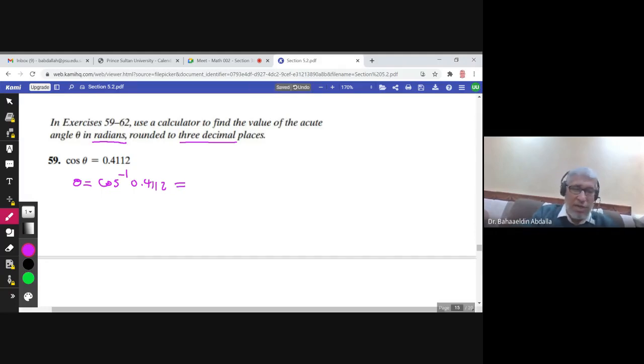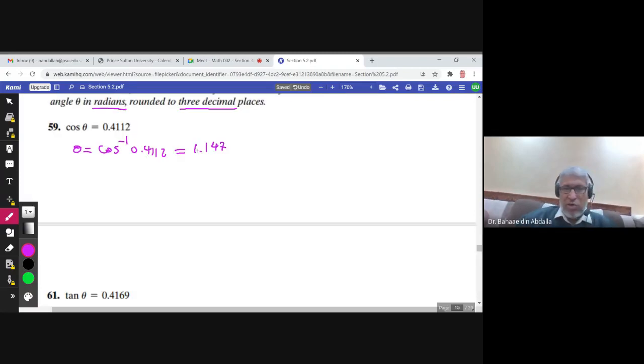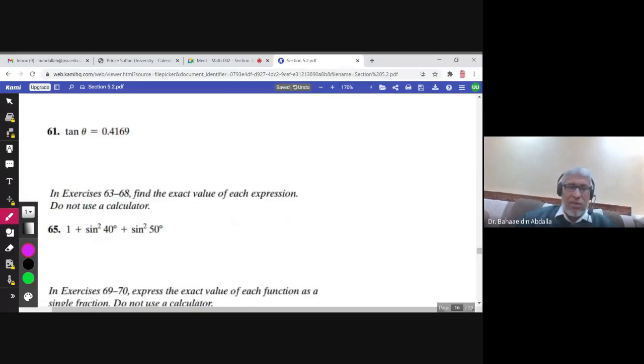I have cosine inverse written, 0.4112. The answer would be in radians 1.147. After 7, I have 0. He said 3 decimal places, so this is the answer. You write radian or you don't write. If you leave it, we understand that it is radian, but do not put the degree circle because it would be degrees. Please try to solve this question similarly.